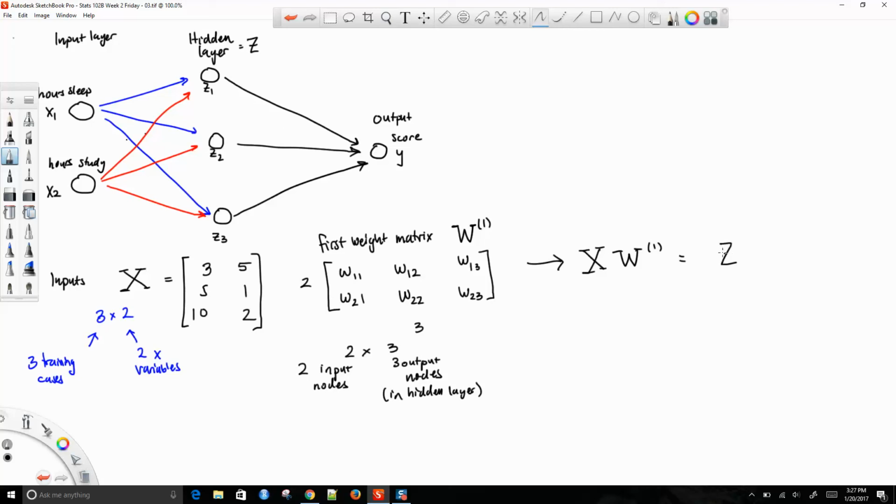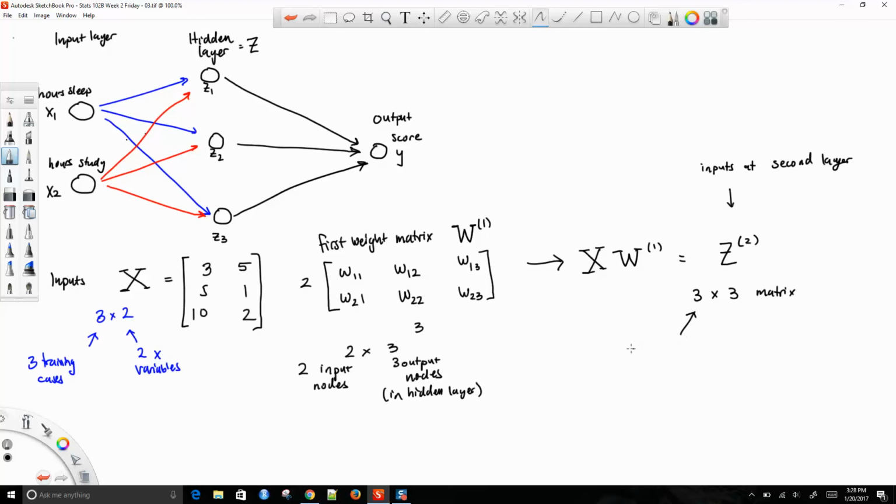So the Z at our second layer, we'll call this Z2, which is kind of our inputs at the second layer. This is going to be a 3 by 3 matrix. Why do we have 3?